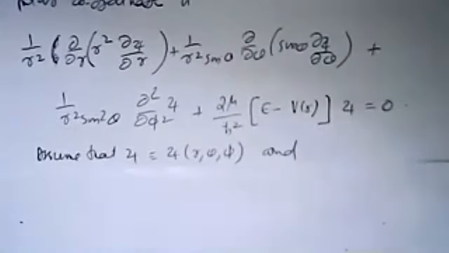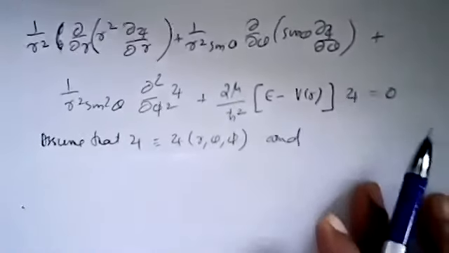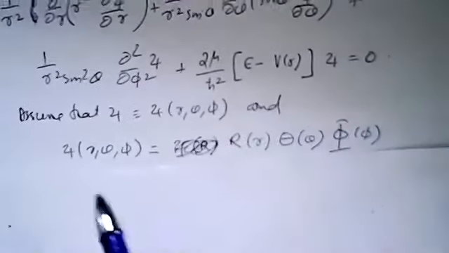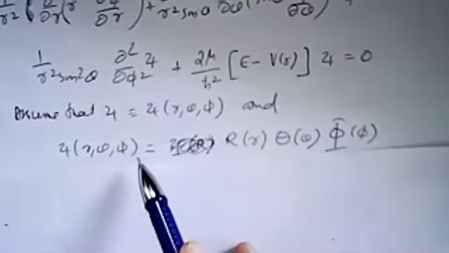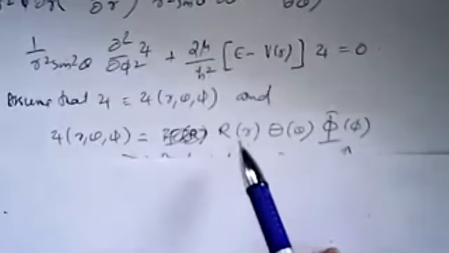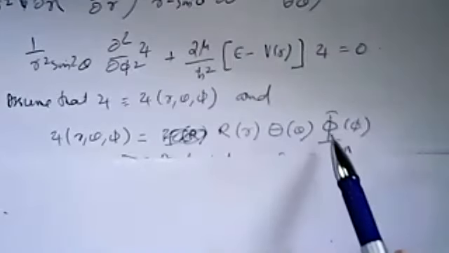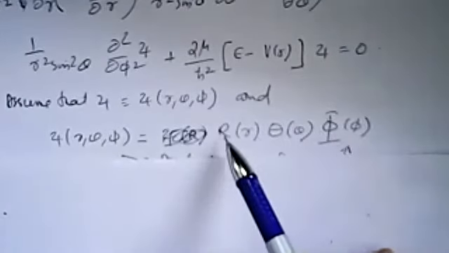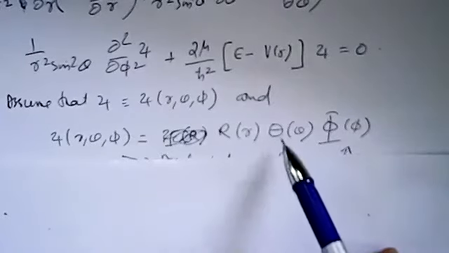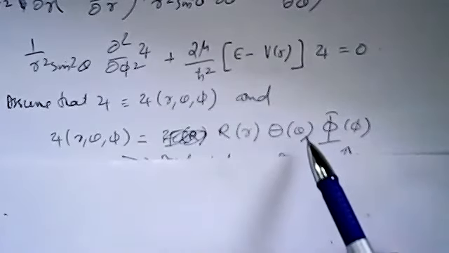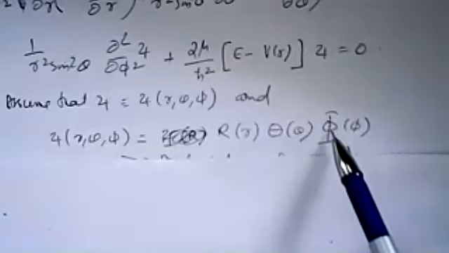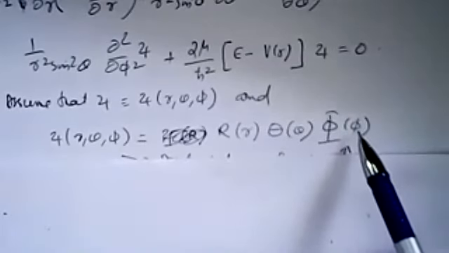That is the only option. For that, you assume that this psi of r, theta, phi can be written as a product of capital R, capital theta and capital phi, where capital R is a function of small r, capital theta is a function of small theta, and capital phi is a function of small phi.